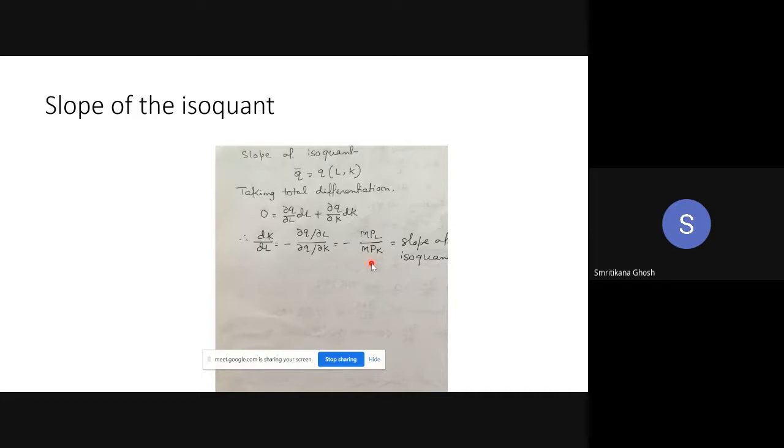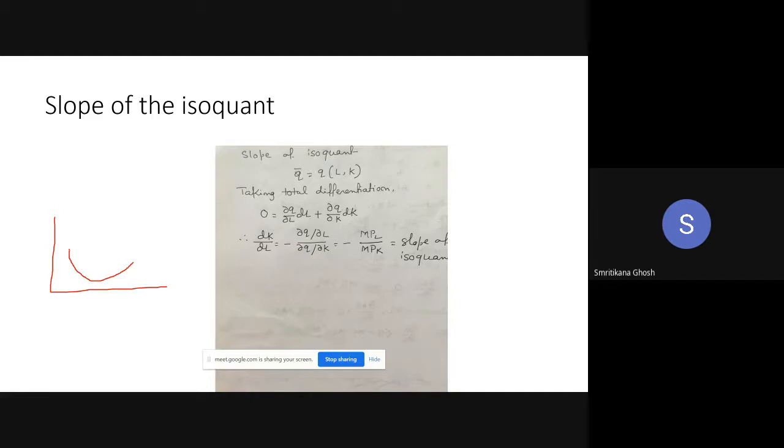So what happens with the isoquant? Initially the isoquant is downward sloping. If you are employing more and more labor, then initially the isoquant is convex. After a certain level, the slope is 0. Then MPL is negative, so the isoquant becomes positively sloped. This is the axis. Similarly, here also the isoquant is convex.